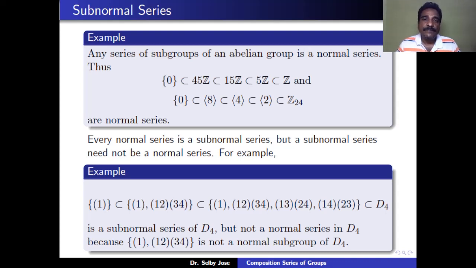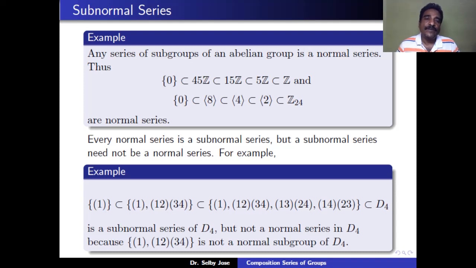If you start with 5Z, which is a subgroup of Z containing the elements 0, plus or minus 5, plus or minus 10, plus or minus 15, etc., all multiples of 5, and 15Z, which is contained in 5Z, 45Z is contained in 15Z, and 0 is contained in 45Z. So this is a series of subgroups of Z. Because each subgroup is normal in Z, because Z is abelian, this is a normal series.